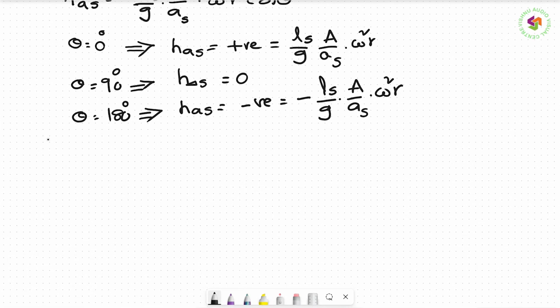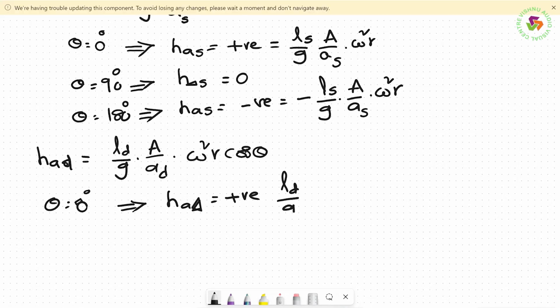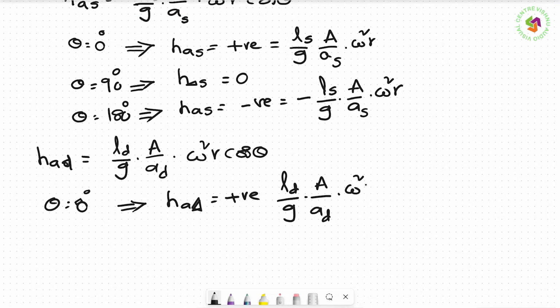Same is the case for the delivery head also. HAD is equal to LD by g into A by AD into omega square r cos theta. When theta is equal to 0, that is the starting of the delivery stroke, HAD is positive, equal to LD by g, A by AD, omega square r.